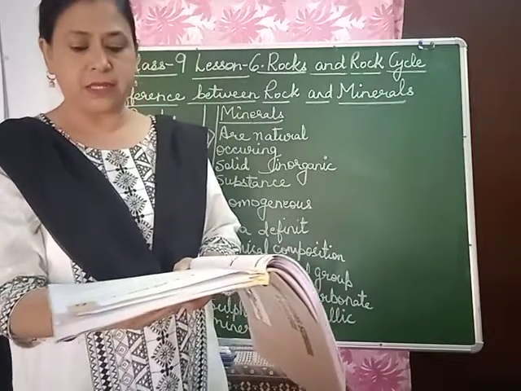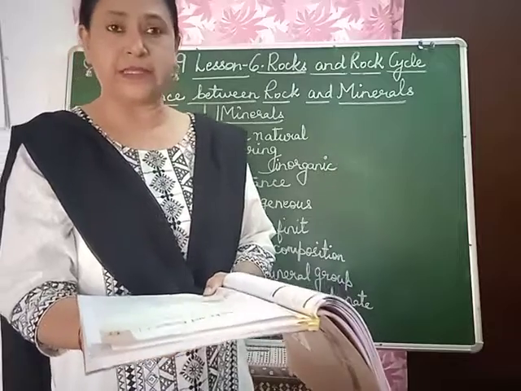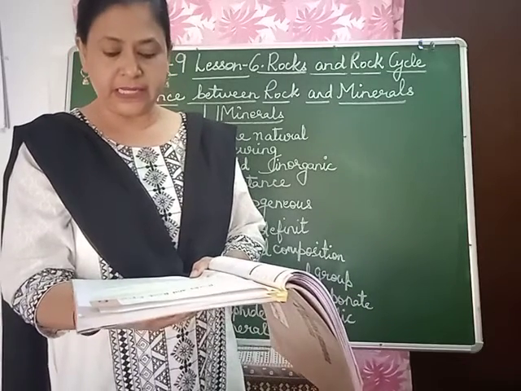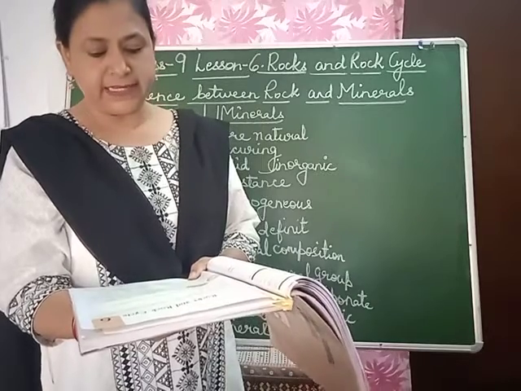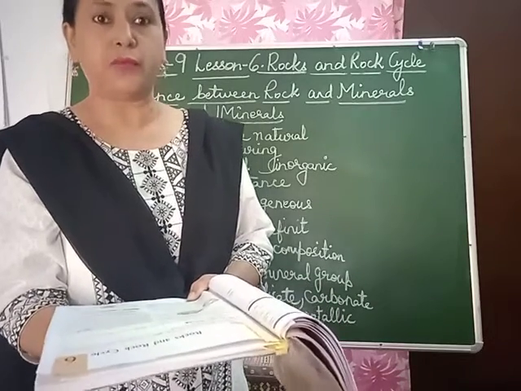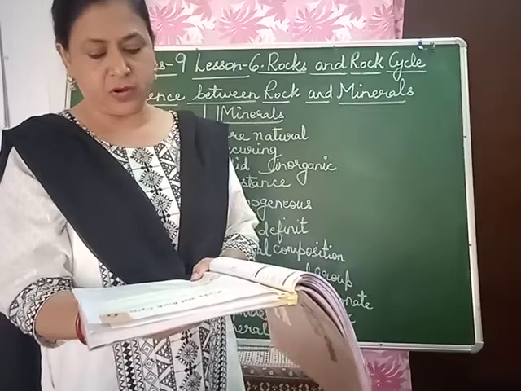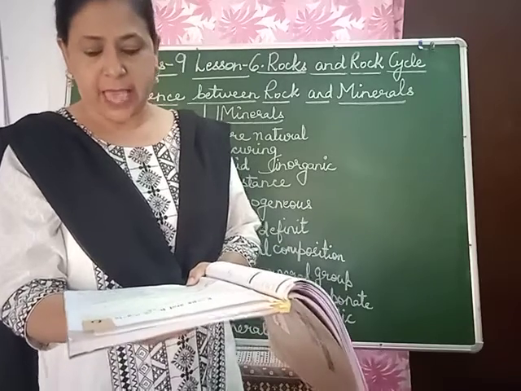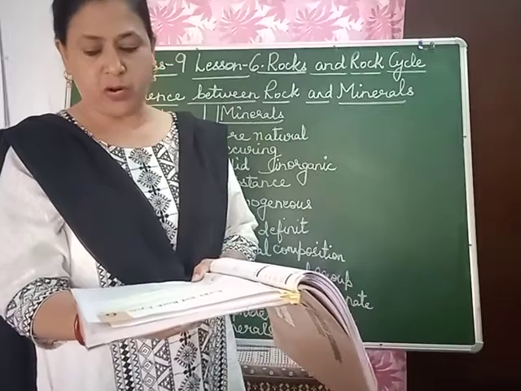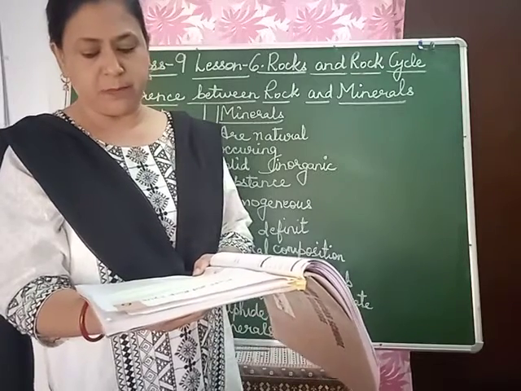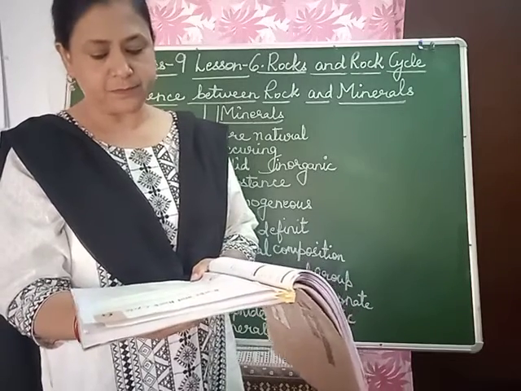Next topic is types of rocks and their classification. The igneous rock, sedimentary rock and metamorphic rocks. Igneous rocks are also called primary rocks. Sedimentary rocks are called secondary rocks, and metamorphic rocks are formed by heat and pressure altering rocks, for example marble and slate.